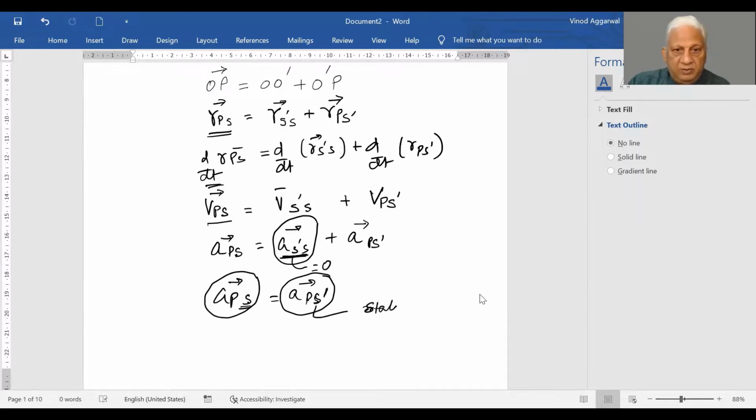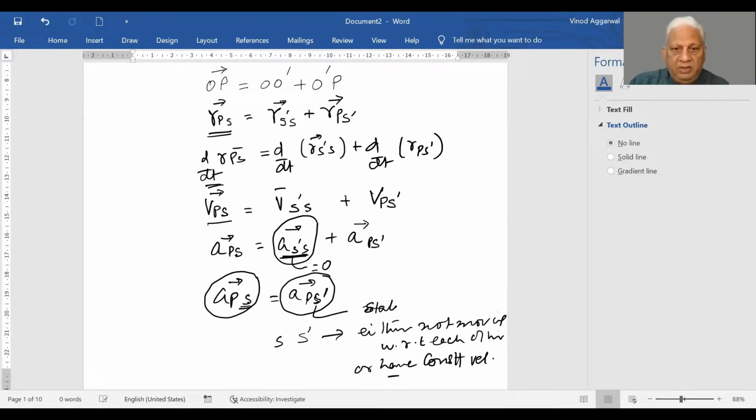The S and S dash could be either not moving with respect to each other or have constant velocity, meaning there is no acceleration.